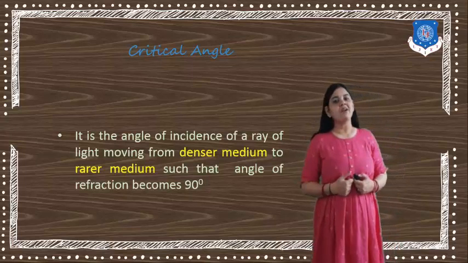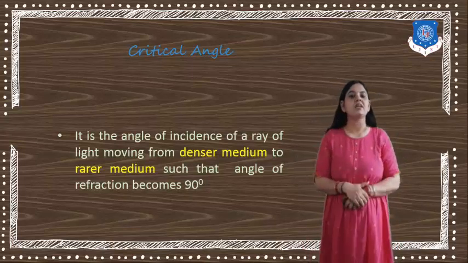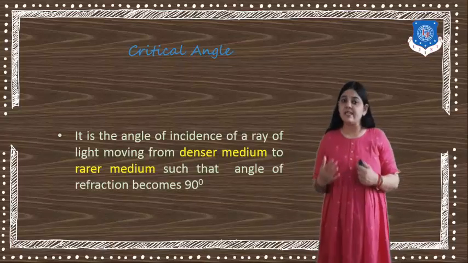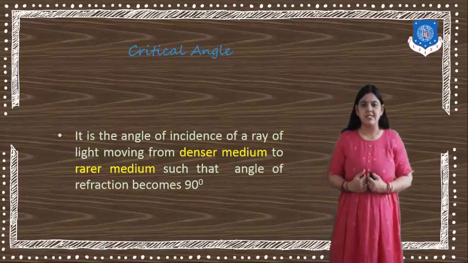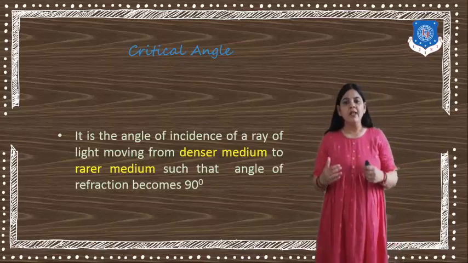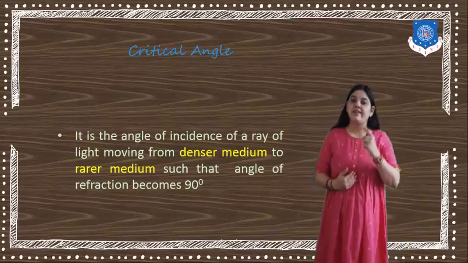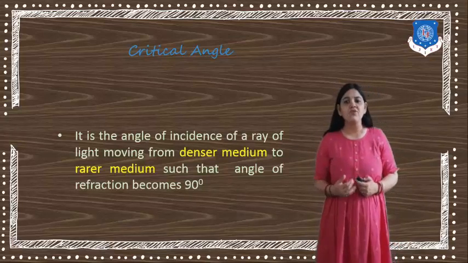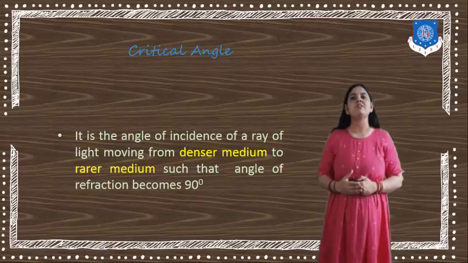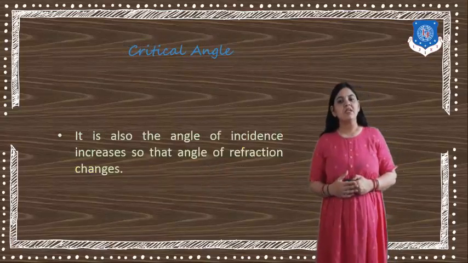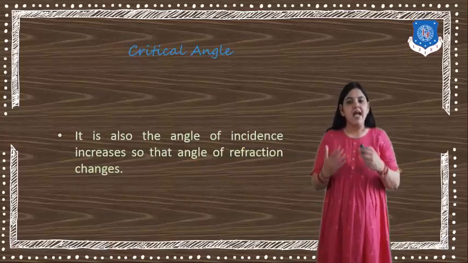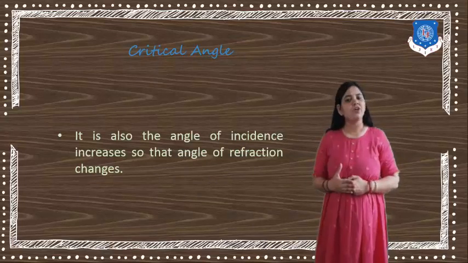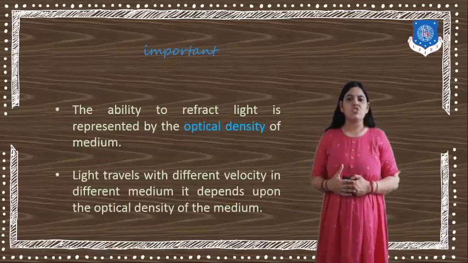Now the second important aspect is the critical angle. So what is the critical angle? It is the angle of incidence of a ray, when the light moves from the denser medium to the rarer medium, such that the angle of refraction becomes 90 degrees.